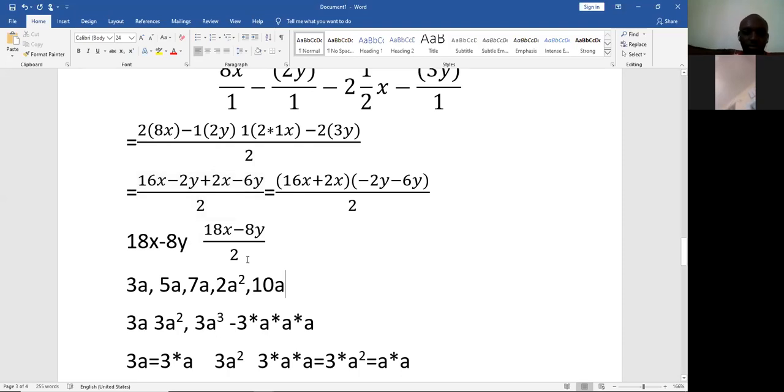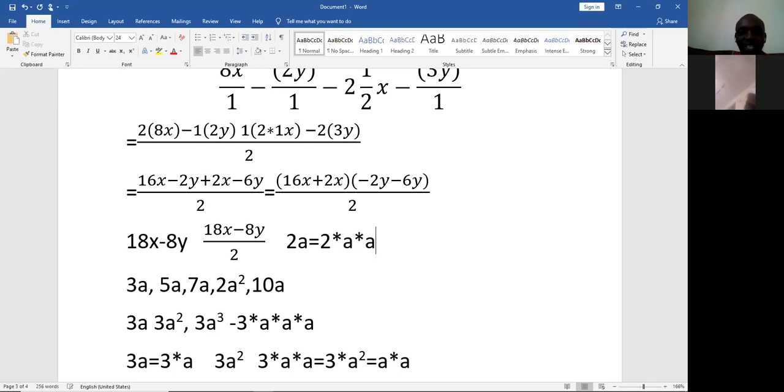Now, we want to pick the one that is not like the others. 3a is 3 multiplied by a. 5a is 5 multiplied by a. 7a is 7 multiplied by a. 2a squared is 2 multiplied by a multiplied by a.